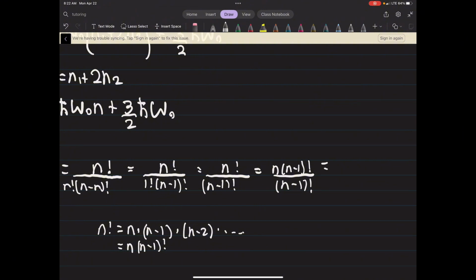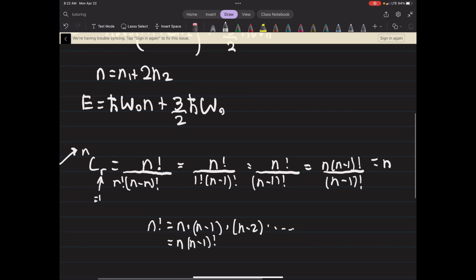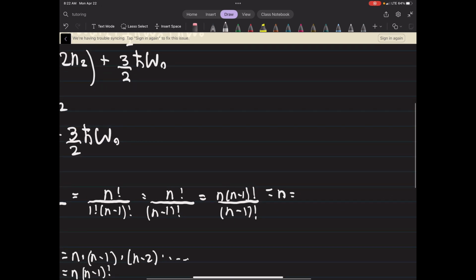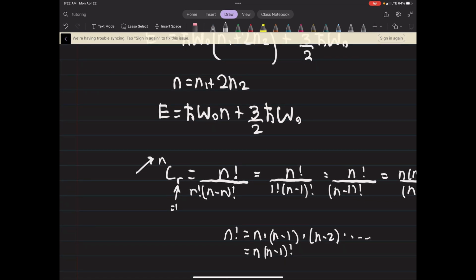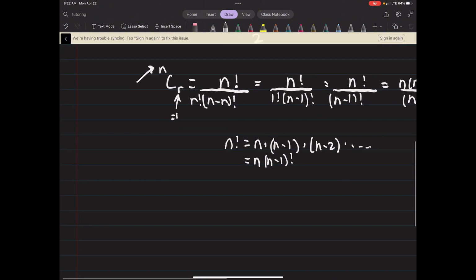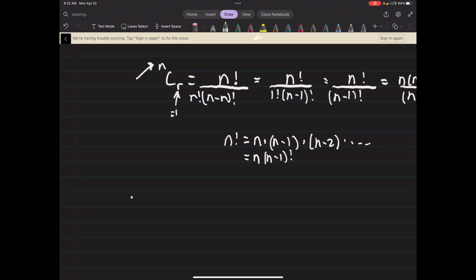So this is just equal to n. And this is the number of microstates, omega. These are all the different configurations of one end state, which I guess kind of makes sense, right? And our entropy is equal to k_B times the natural log of omega.